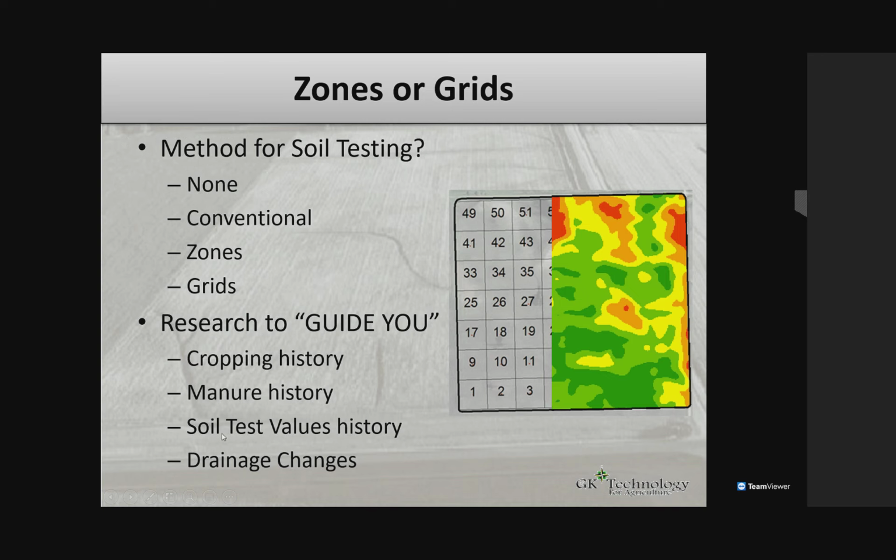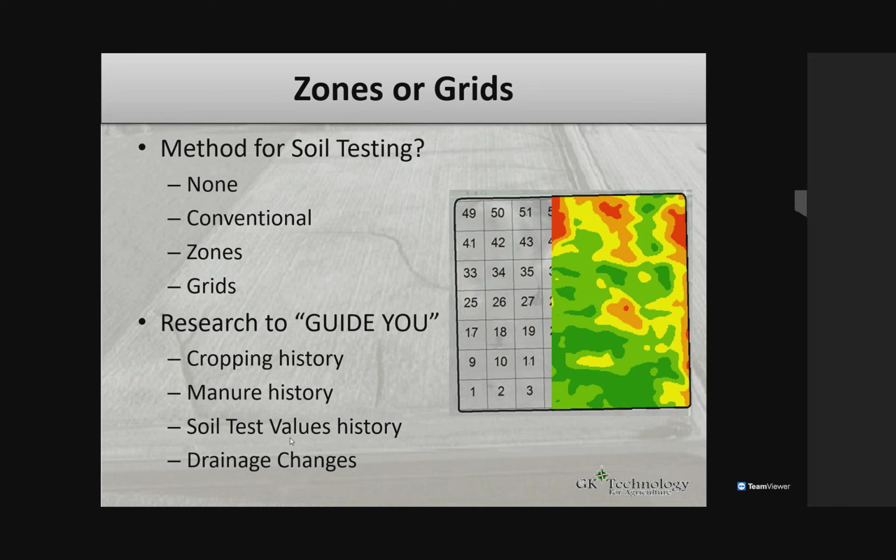So other items here are looking at your soil test values and your histories. If you have historical conventional soil tests or historical zone soil tests, we expect to see things coming in fairly steady, fairly uniform, fairly average, if you will.